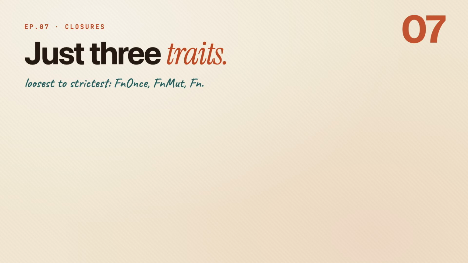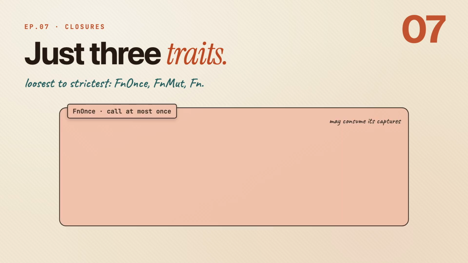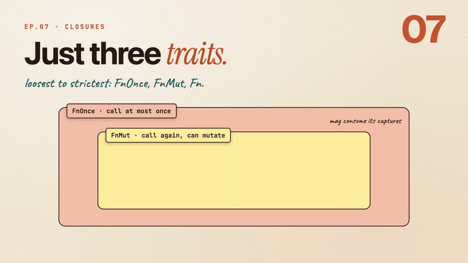Do you remember traits from one of our last videos where we went over generics, traits, and lifetimes? Well, over here, Fn, FnMut, and FnOnce are three of them, actually. And they nest, so let me explain what I mean. FnOnce is the loosest, so you can call it at least once. But FnMut adds calling again and again with mutation.